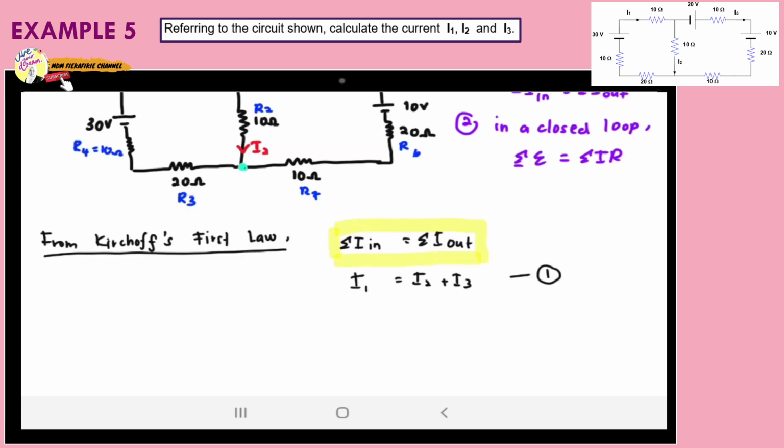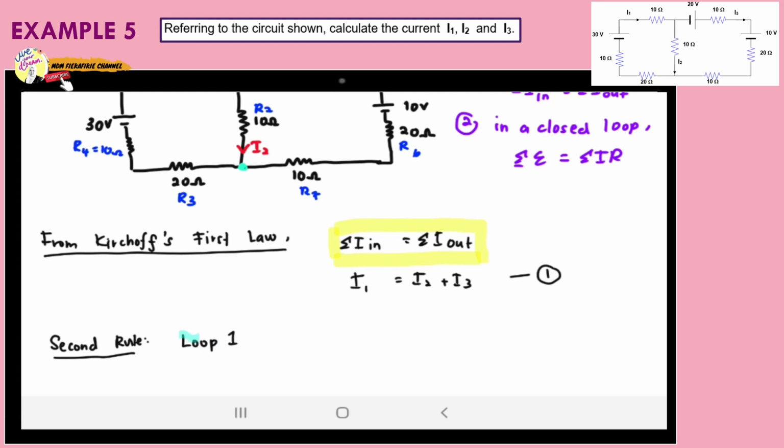And from the second law or second rule, we need to consider two loops here. The second equation is based on the first loop of the circuit, and the third equation is based on the second loop of the circuit. So now let's write loop 1.